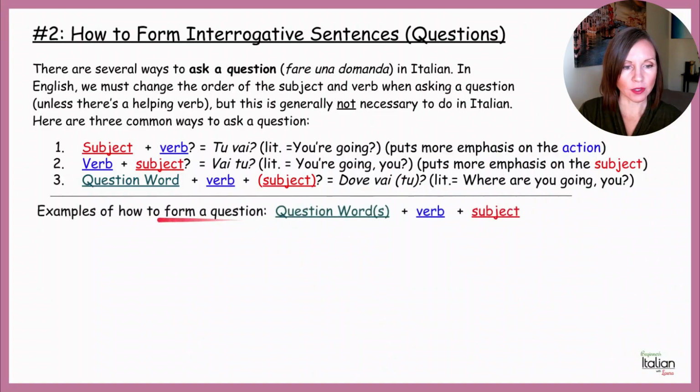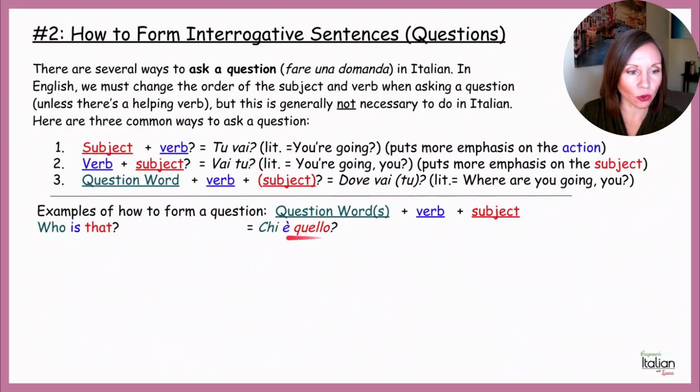Okay, examples of how to form a question using our question words. Okay, so number 1, you could say, who is that? I have our question word in teal or green, our verb in blue, and our subject in red, just so you can follow along and see what part of the sentence we're looking at.